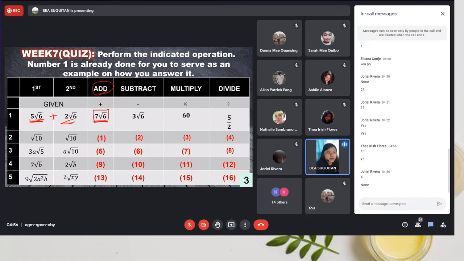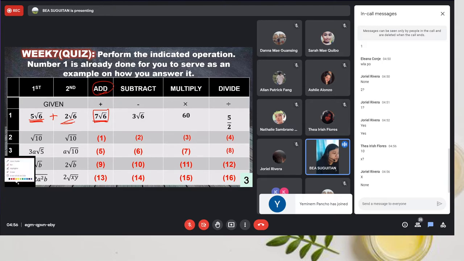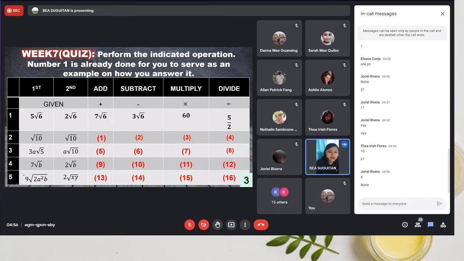So, ito yung sasagot nyo mamaya. Okay, next. If you are going to subtract naman, 5 square root of 6 minus 2 square root of 6, it will give you 3 square root of 6. Okay? So, and so on and so forth. So, sa numbers 1, 5, 9, and 13, you are going to add the radical expressions.